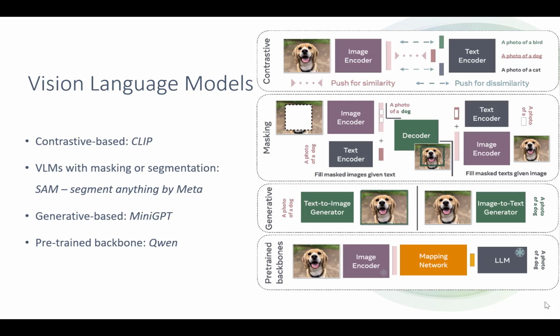And there are several approaches or so-called families of vision language models. And here I have a really good image that explains how those vision language models were trained, or can be trained, with really good details.